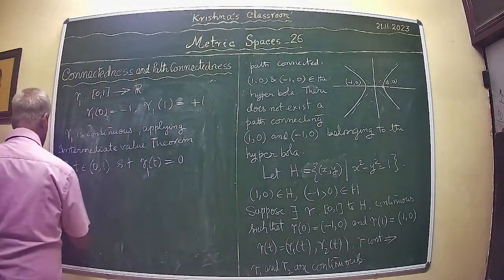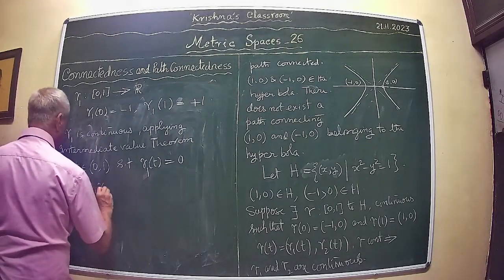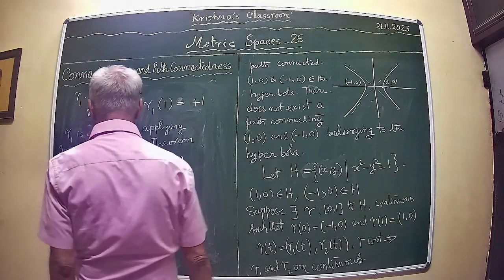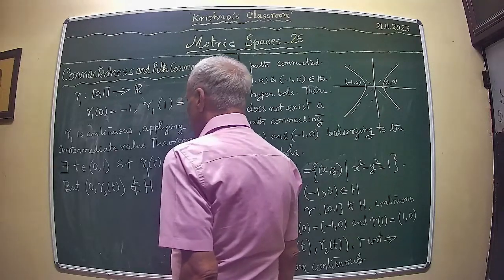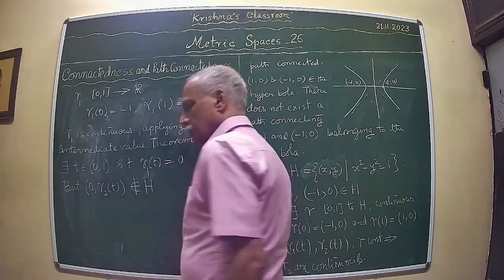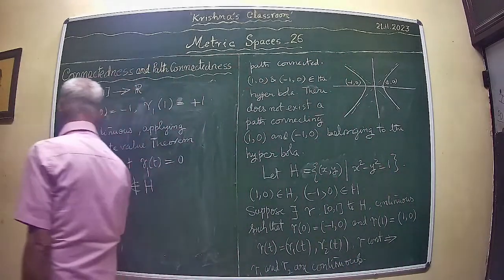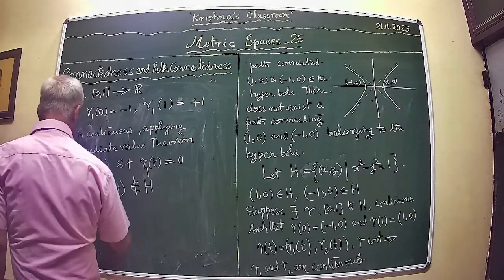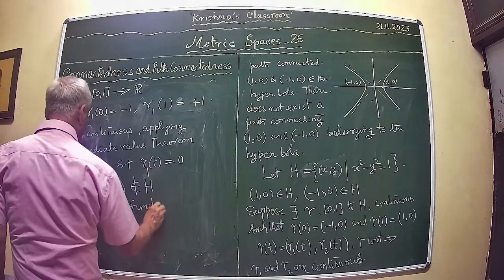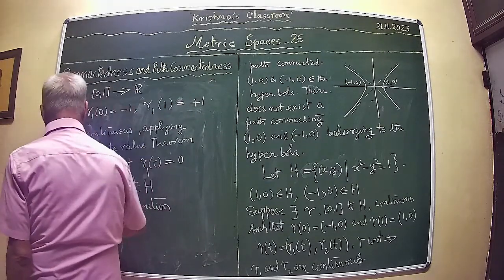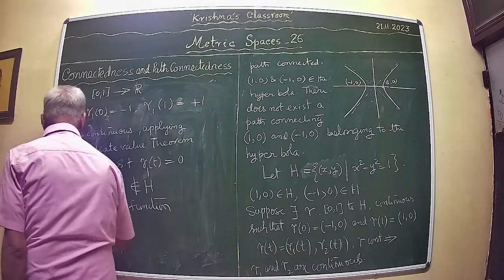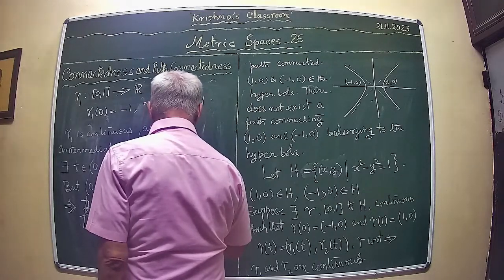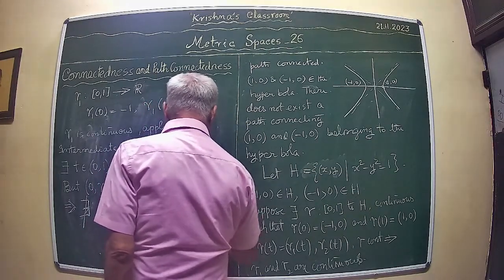But, okay, so you see that if you take gamma, therefore there does not exist a continuous function gamma from 0, 1 to H such that gamma 0 is (minus 1, 0) and gamma 1 is (1, 0).